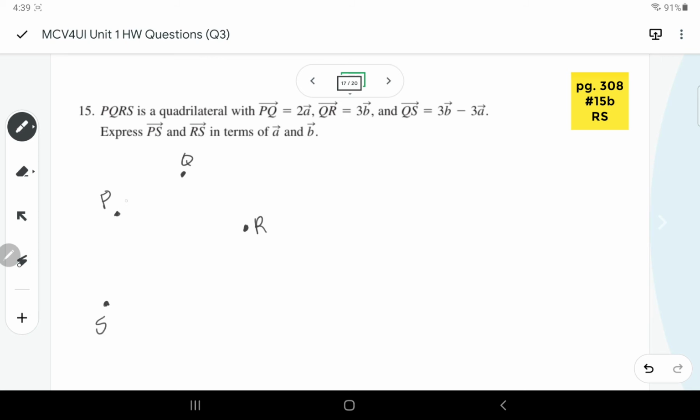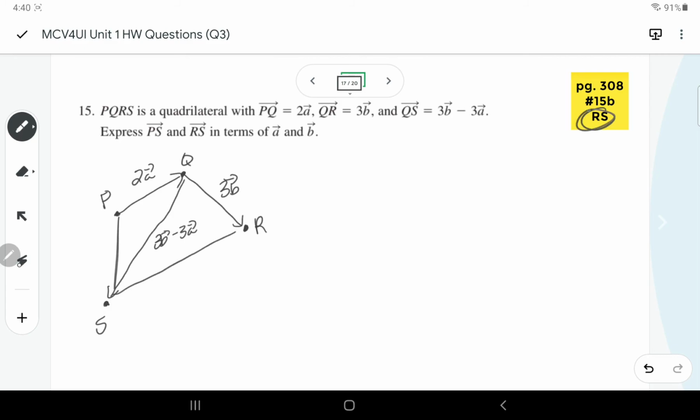Okay, so we have PQ is 2A and QR is 3B and QS is 3B minus 3A. Okay, so we want to express PS and RS, and I think the question here is just asking for RS in terms of A and B.